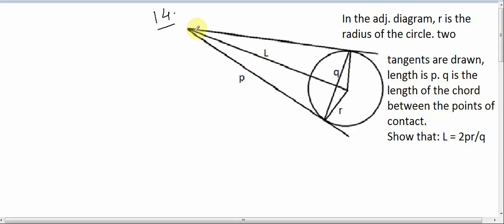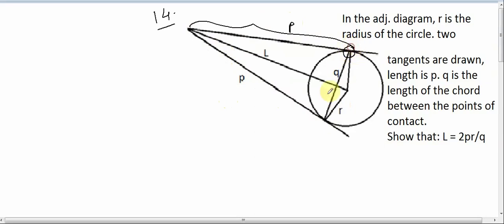So what we have here is we have drawn two tangents from this point, and the length of the tangents are P. So this length is P, and so is this length. R is the radius of the circle. Q is the length of the chord drawn between the points of contact.